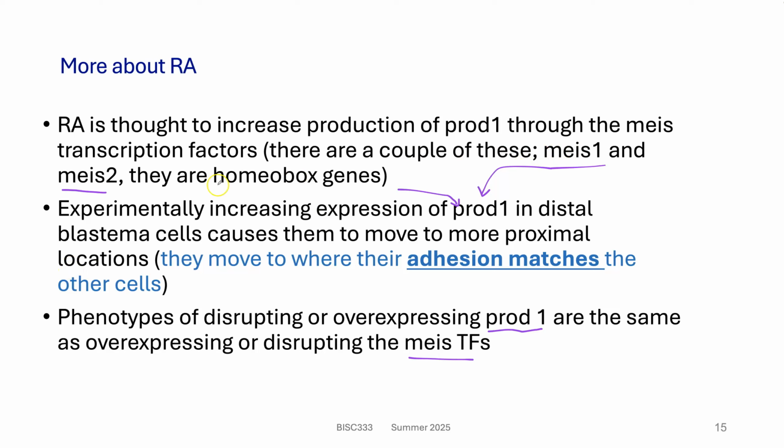And if you overexpress Meis1 and Meis2, the cells will do the same thing. If you inactivate PROD1 or reduce the amount of PROD1, then the cells have less adhesion, and they might actually migrate to a more distal position. And the same happens if you downregulate the Meis transcription factors.